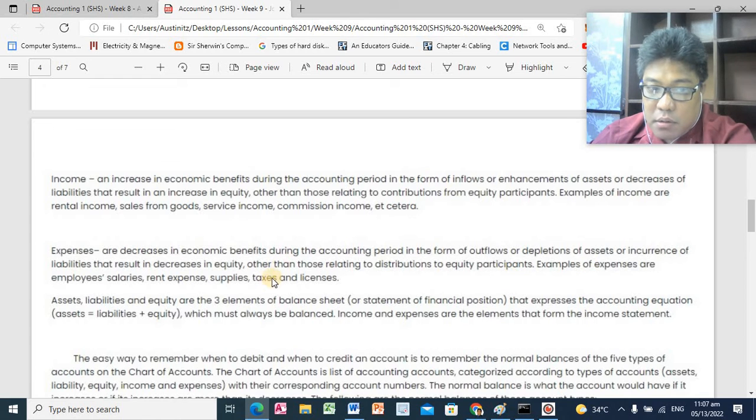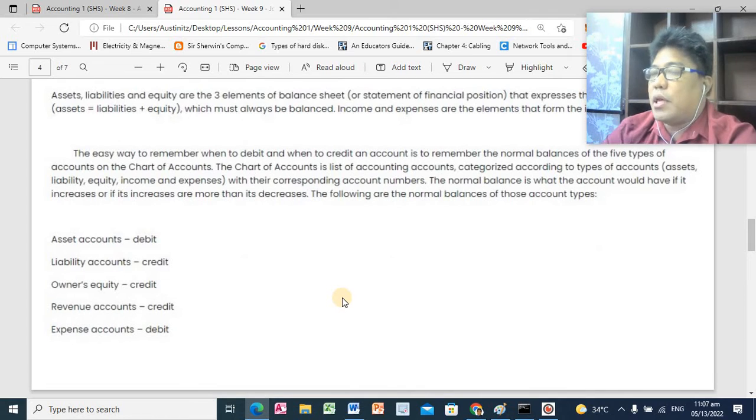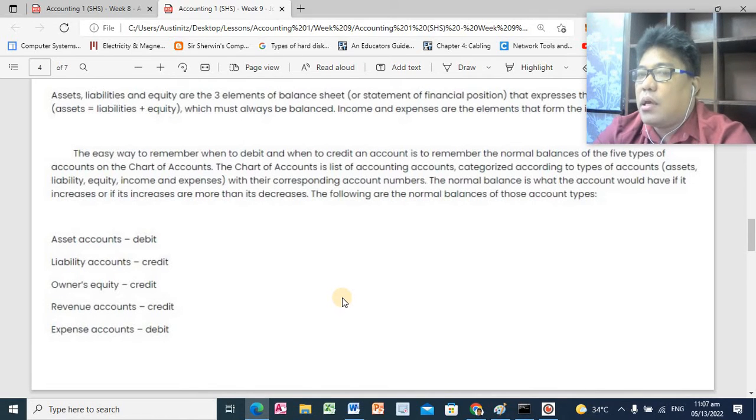The easy way to remember when to debit and when to credit an account is to remember the normal balances of the 5 types of accounts on the chart of accounts. So we should know the normal balance of assets, liability, owner's equity, income, and expenses.